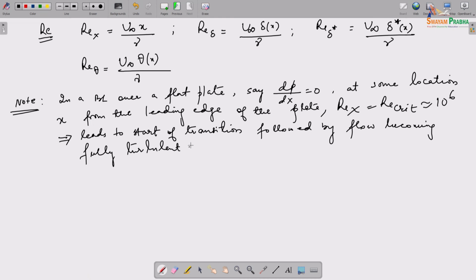Okay. So, that is what we mean by the critical Reynolds number.